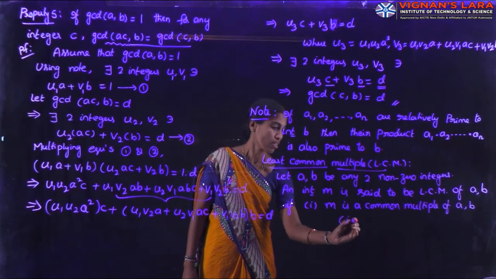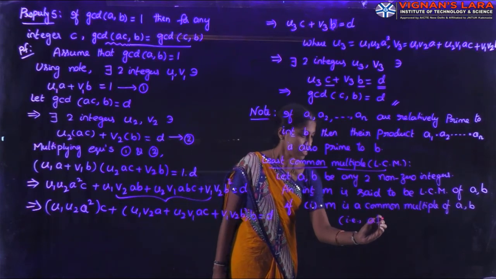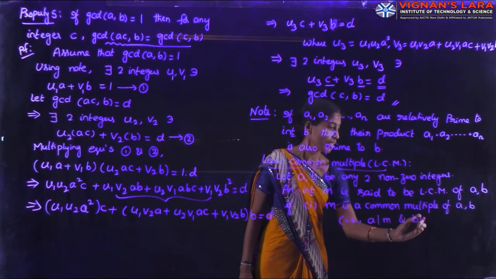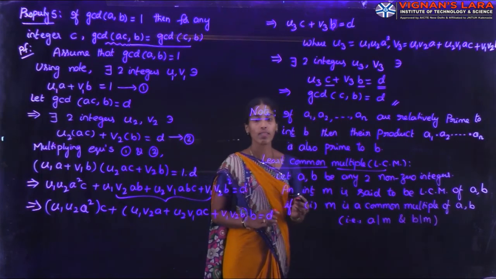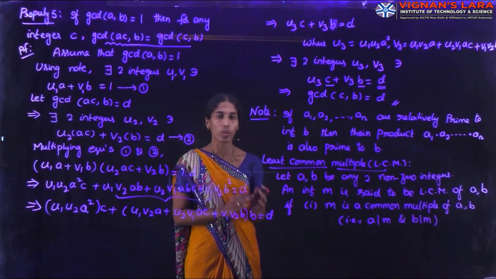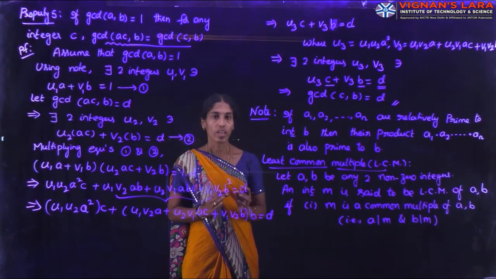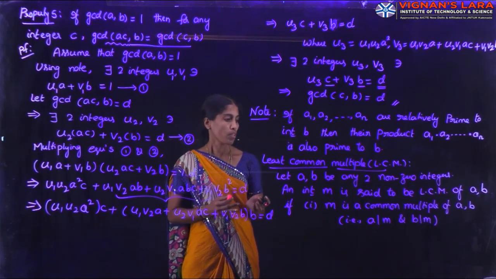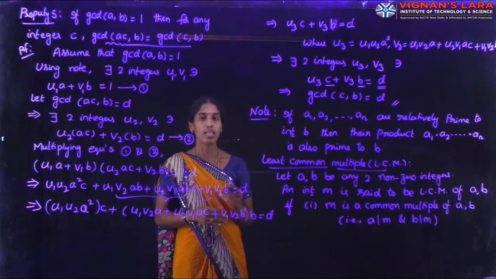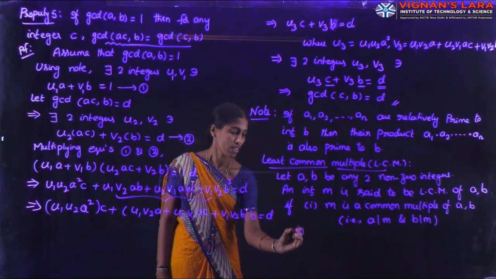That is, a divides m and b divides m. Otherwise, we can say that m is equal to some k1 into a, right? So, we can say that a is a divisor of m, otherwise m is a multiple of both a and b.